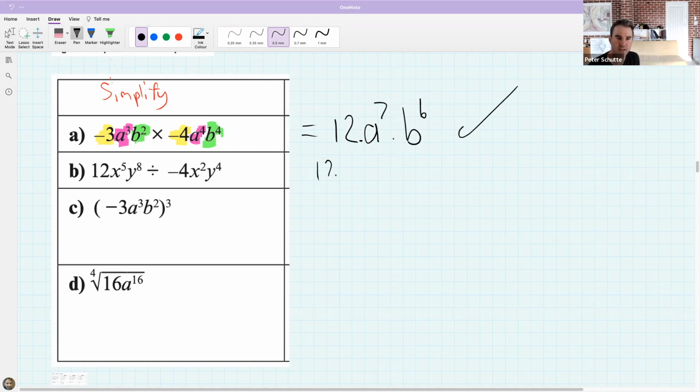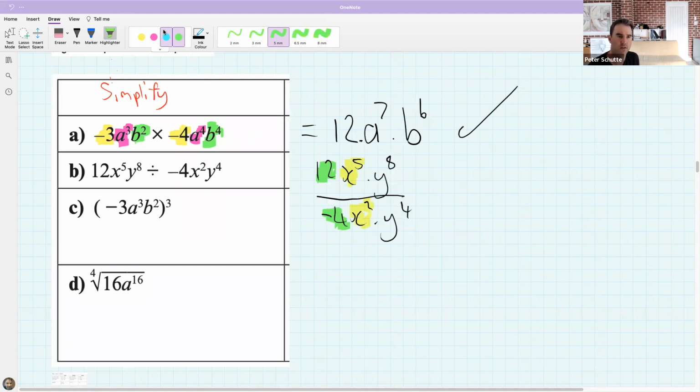Sometimes what I like to do when there's division is I write it more visually. And when I can see it like this, it sometimes helps me a little bit. So don't be afraid to rewrite division in the more visual way, because then it's easy to kind of see this goes with this, this goes with this, and then that goes with that.